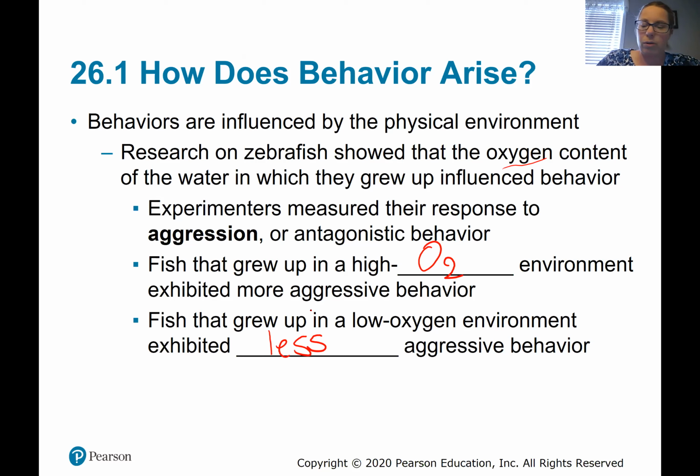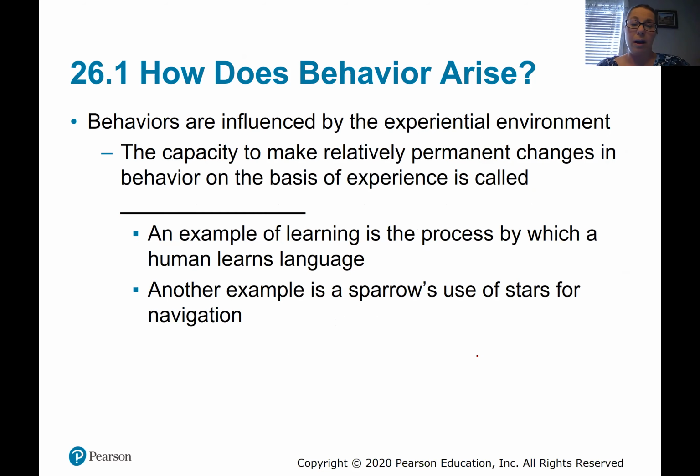I didn't read through this study, but maybe it makes sense, because the more oxygen you have, the more efficient your metabolism could be, and they have extra energy to be aggressive, whereas these guys have barely enough oxygen to survive and metabolize. Perhaps that's the key there. I don't know. Something to think about.